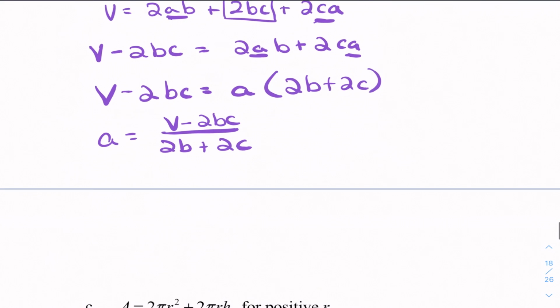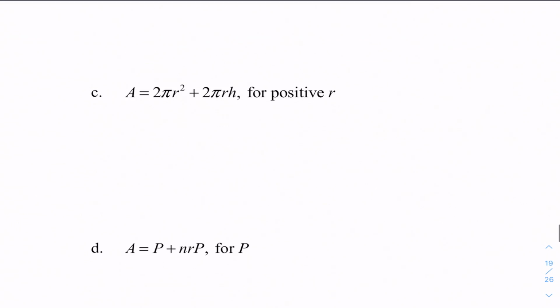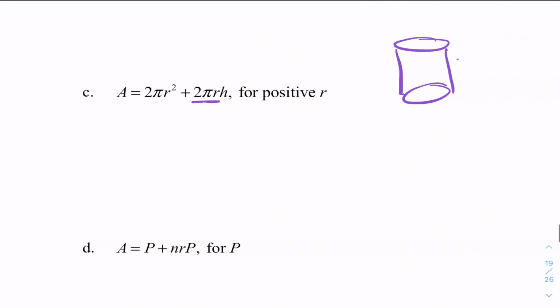We'll do one more. So given the area, this is the area of a cylinder where we have 2 circles and then the wraparound part, which is why it's the circumference times h. Let's say we're solving for r, because radius is positive. So first off, we are looking for r on either side, so we're going to divide by 2 pi.